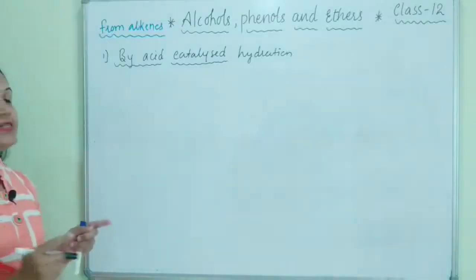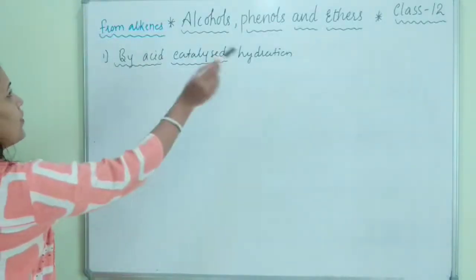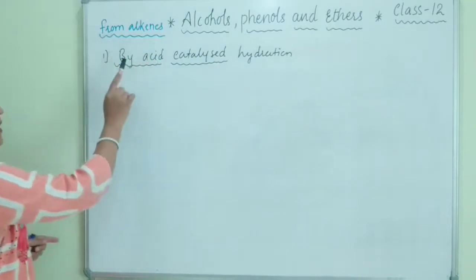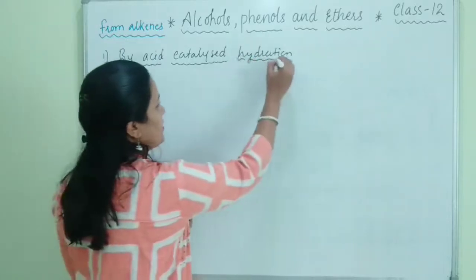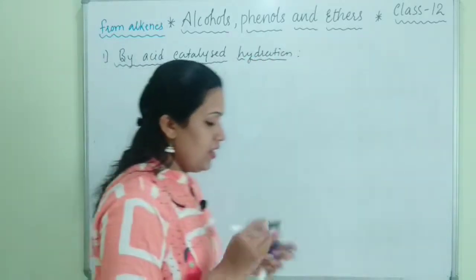Okay students, so let's start with preparation of alcohols from alkenes by acid catalyzed hydration. In acid catalyzed hydration, let's write one general reaction.